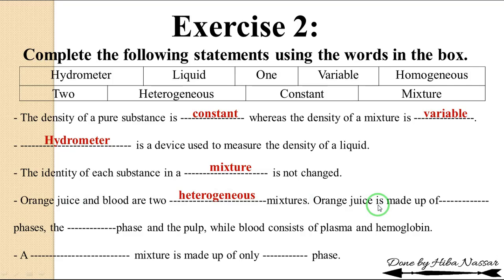Orange juice is made up of two phases. We have the liquid phase and the pulp, while blood consists of plasma and hemoglobin. A homogeneous mixture is made up of only one phase.